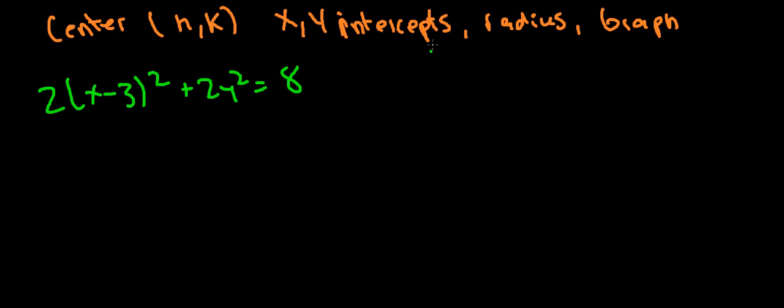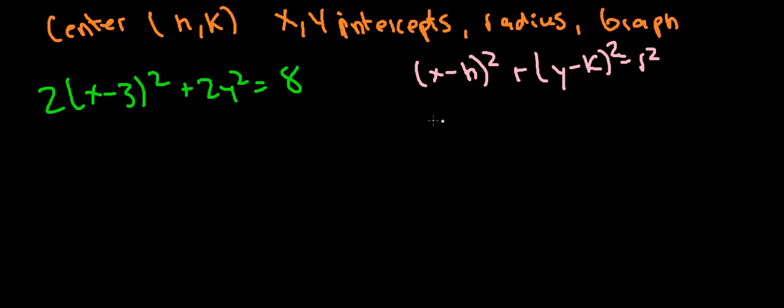First of all, let's talk about what we want to do. What we want to do is get this circle into the form of (x minus h) squared plus (y minus k) squared is equal to r squared, so we can tell what the center of the circle is, what the radius is, and it'll be much easier to graph from there.